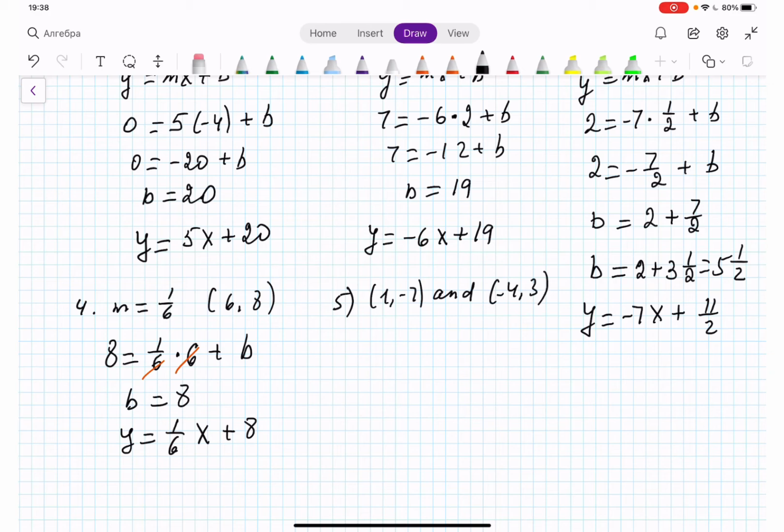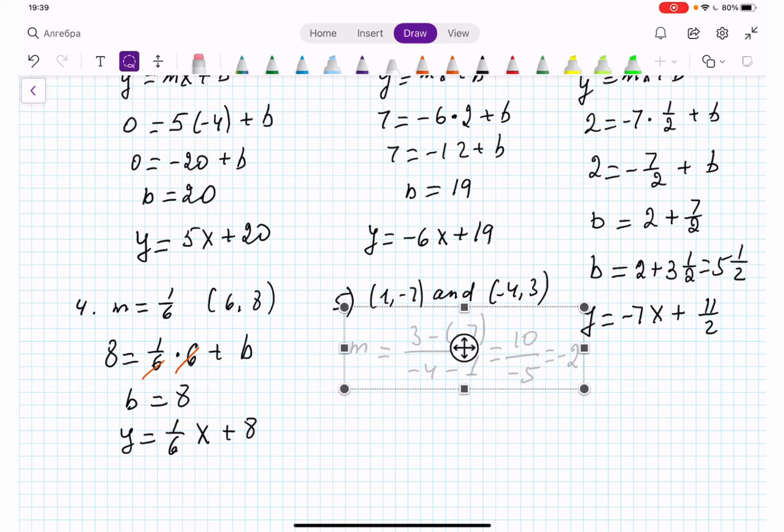Okay, so we need to find slope and intercept. Slope we can find: 3 minus -7, over -4 minus 1, and it's equal to 3 plus 7, 10, over -5, which is equal to -2. So the slope is negative 2.